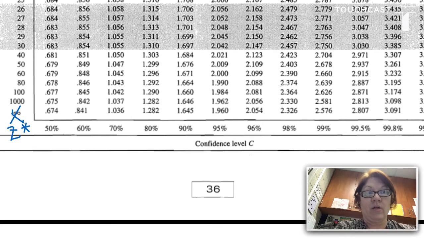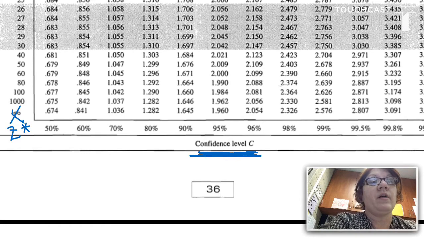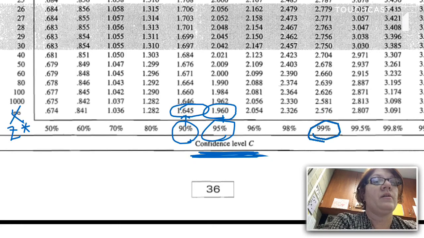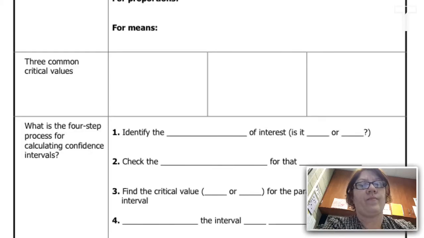But since this is directly off the AP test formula sheets, I want you to be familiar with that. And so notice down here at the bottom it has confidence level. So if I'm looking for Z star for 90%, I just read up and there it is. And for 95%, there it is. And for 99%, there it is. We're going to transfer these over to your notes.